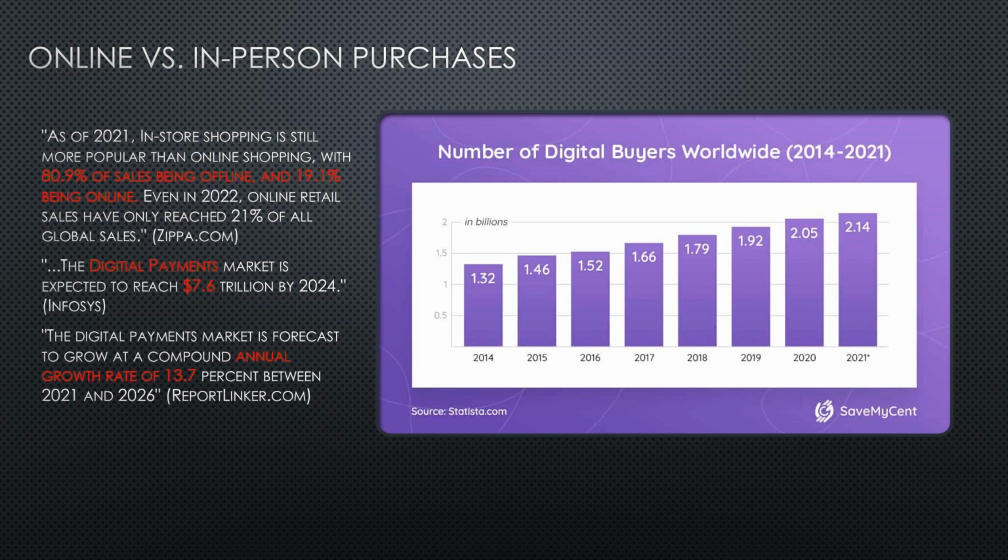From 2014 to 2021, digital payments increased each year. As of 2021, in-store shopping is still more popular than online shopping: 81% is offline, in-person shopping, and only 19% is online shopping.